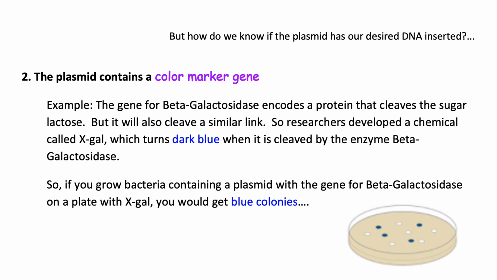So researchers developed a chemical called XGAL that turns dark blue when it's cleaved by the enzyme beta-galactosidase. So if you grow bacteria containing a plasmid with the gene for beta-galactosidase on a plate with the chemical XGAL, you would get blue colonies.